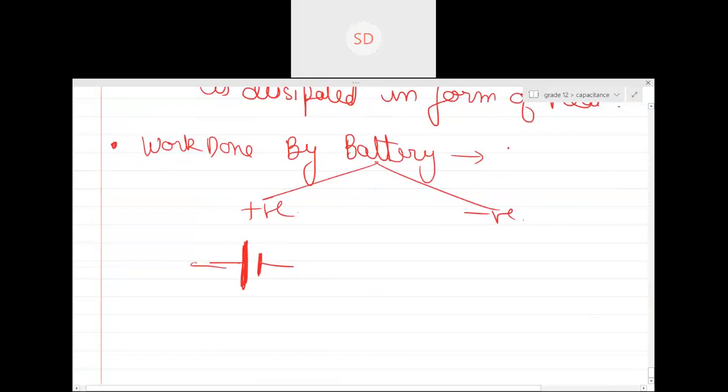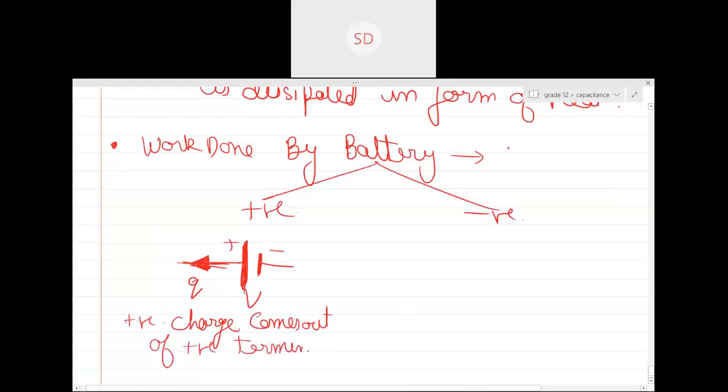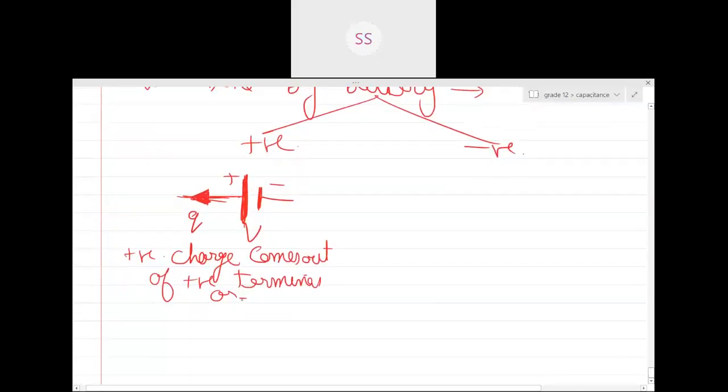Guys, when do we say it is positive? When the Q sent is positive: positive charge comes out of the positive terminal, or negative charge.